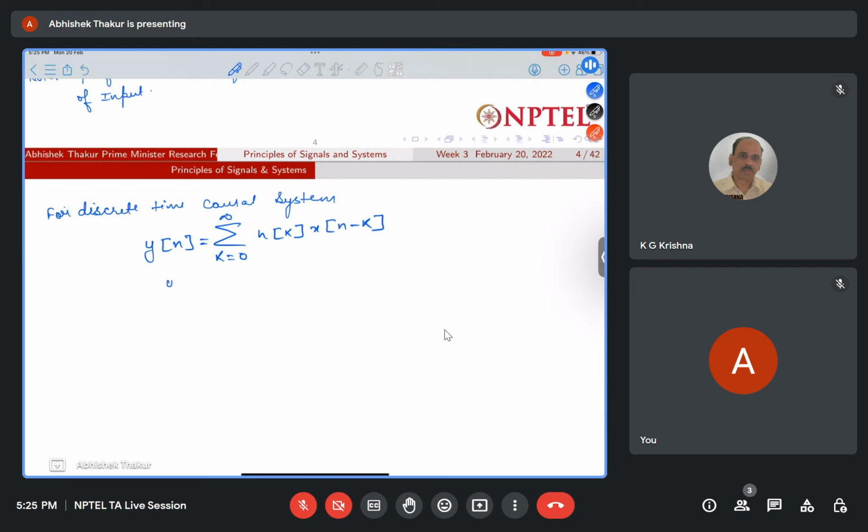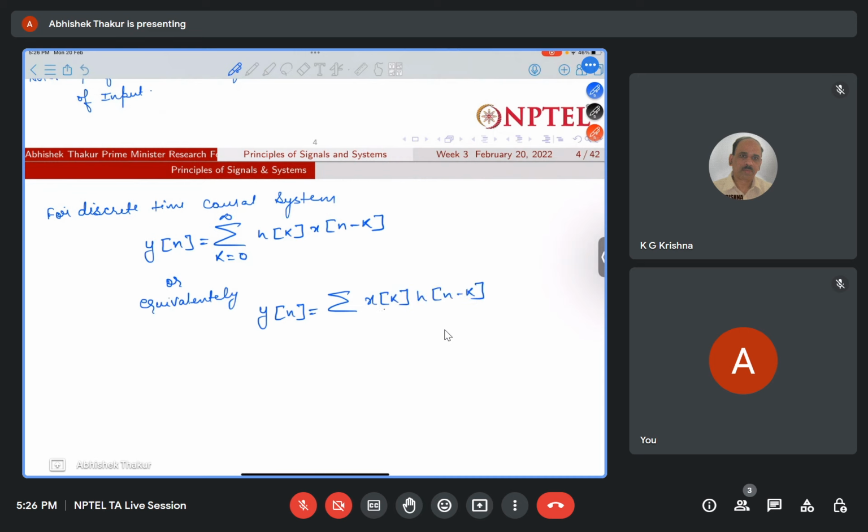Or equivalently we can do it another way, like this is h[k] convolved with x[n]. Now if we convolve x[n] with h[n], equivalently we can write the summation of x[k] into h[n minus k].